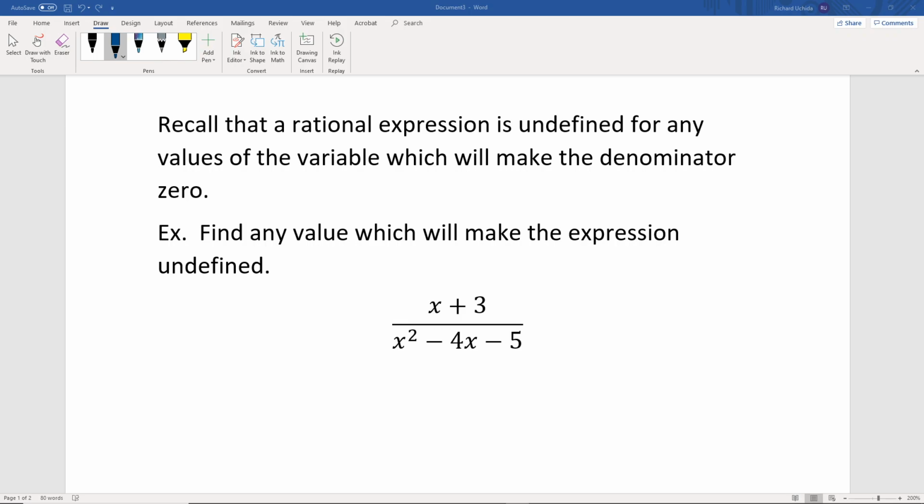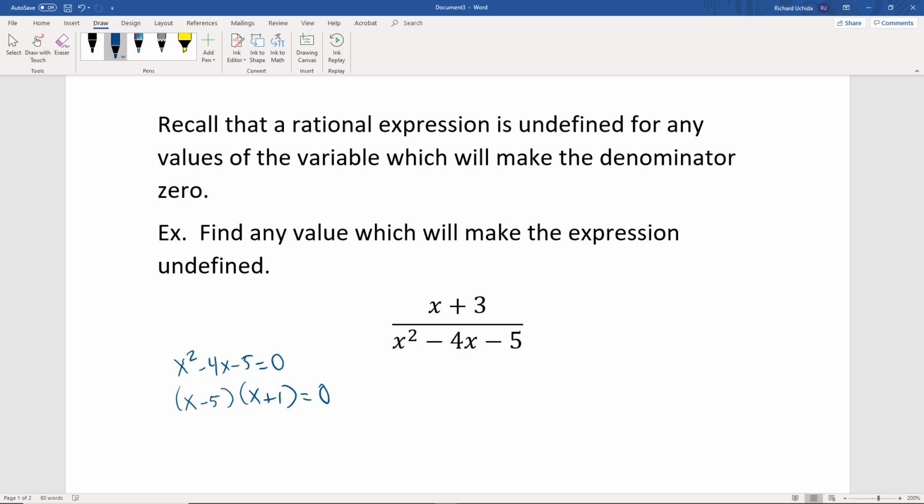So the first thing I would do is set my denominator equal to 0, and then solve that equation. Now in this case, this is a quadratic equation, so you could use the quadratic formula, but if it does factor, that's usually the quicker way to do it. And this one does factor to x minus 5 times x plus 1 equal to 0.